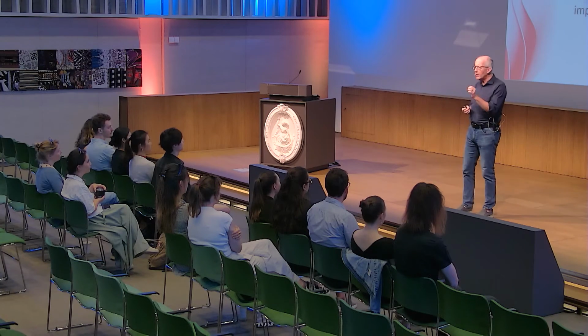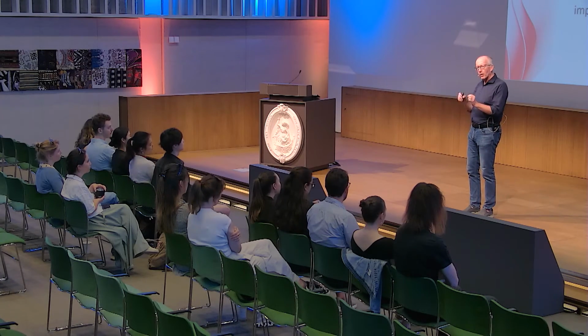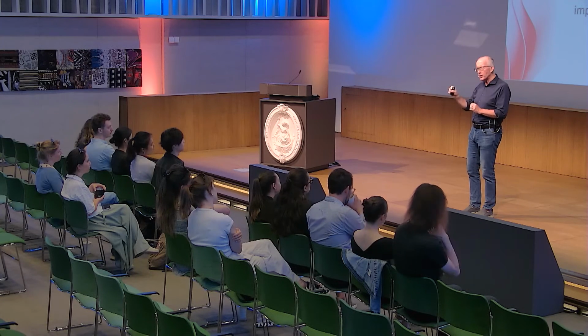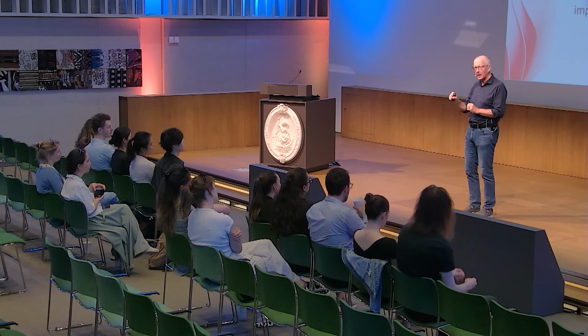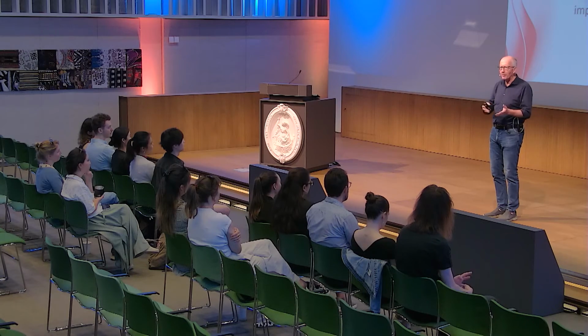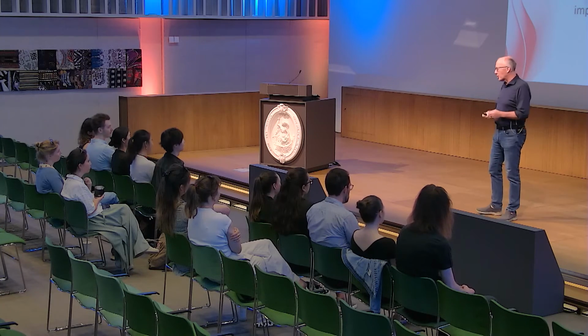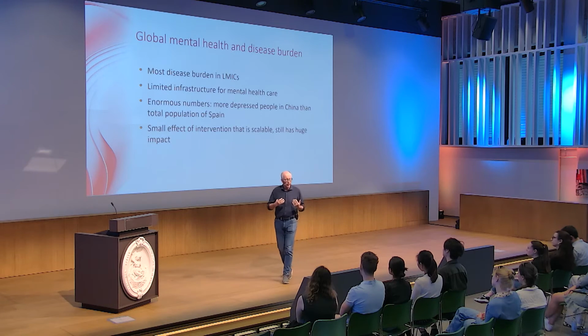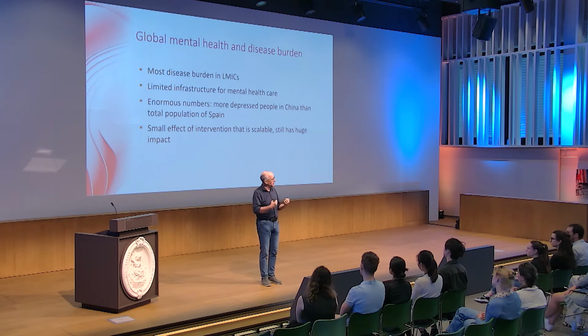So if we can develop interventions with only a tiny effect, but we can reach a large part of the population of depressed people in China, that will have a major impact. It will easily have a larger impact than everything we do in Holland in the total mental health care together. So when you think about global mental health, you have to think differently than what we traditionally do.